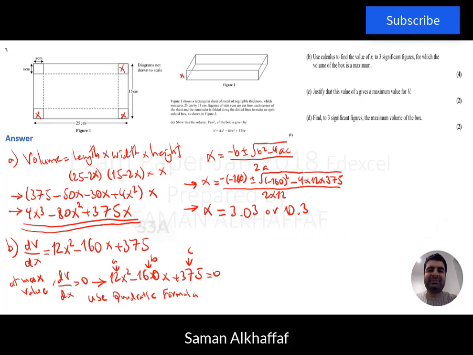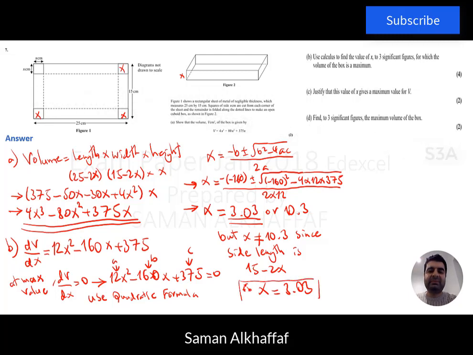So x does not equal 10.3 since the side length is 15 take away 2x, and if you multiply the 10.3 by the 2, that will be outside the range. So in this scenario, x will be 3.03, and this will be our answer for part B.